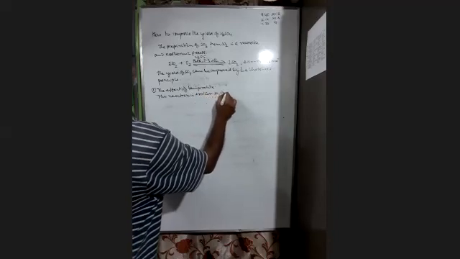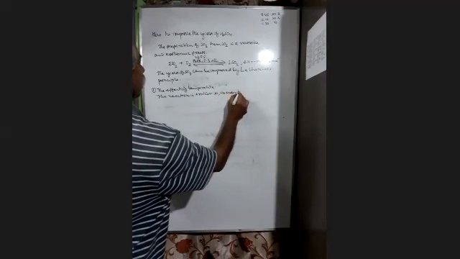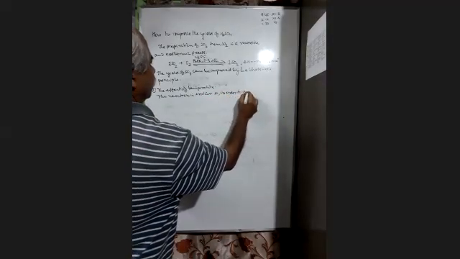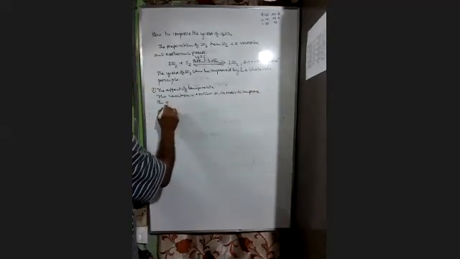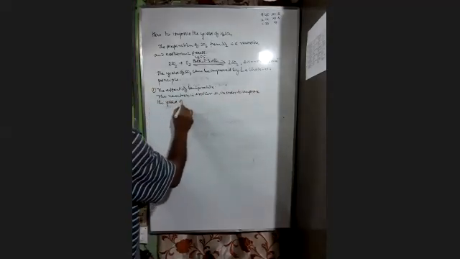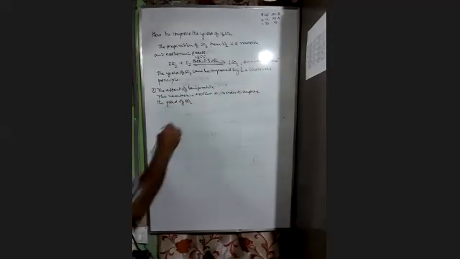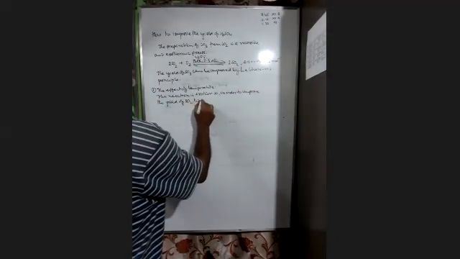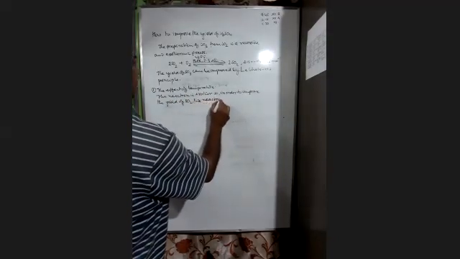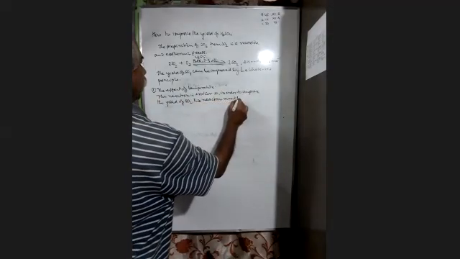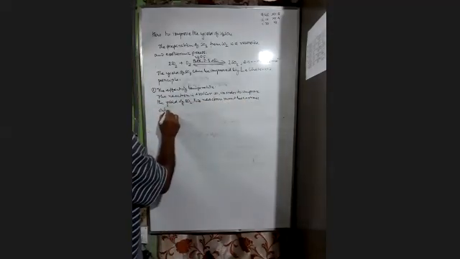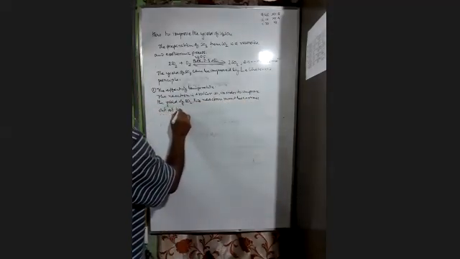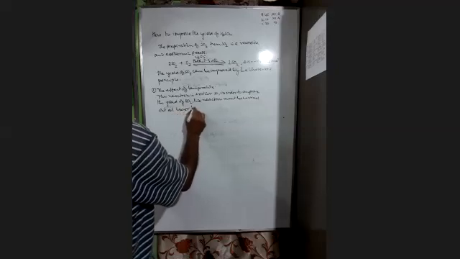So in order to improve the yield of sulfur trioxide, the reaction must be carried out at lower temperature.